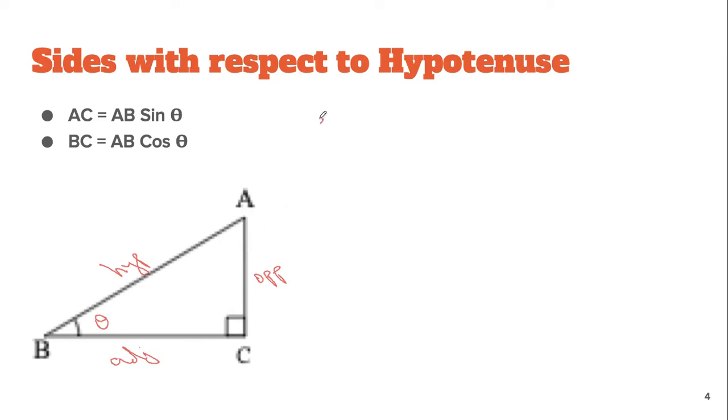Now we know sine theta is opposite side by hypotenuse, so it is AC by AB, and when we simplify this, we get AC equals AB sine theta.